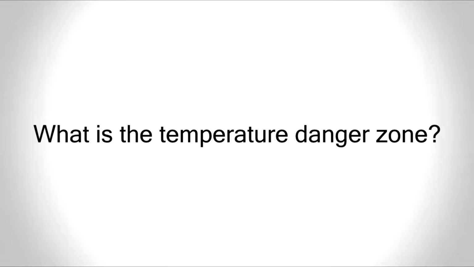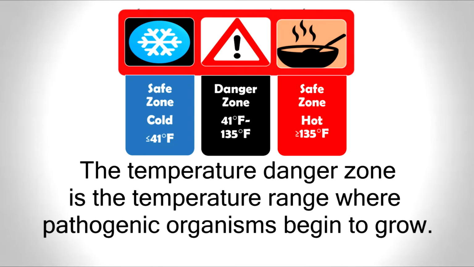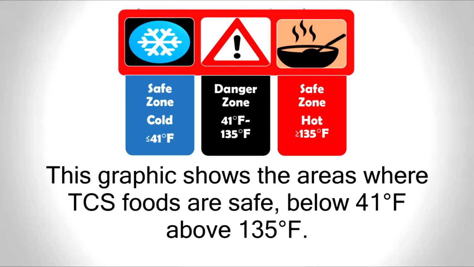What is the temperature danger zone? The temperature danger zone is the temperature range where pathogenic organisms begin to grow. This graphic shows the areas where TCS foods are safe, below 41 degrees Fahrenheit and above 135 degrees Fahrenheit.